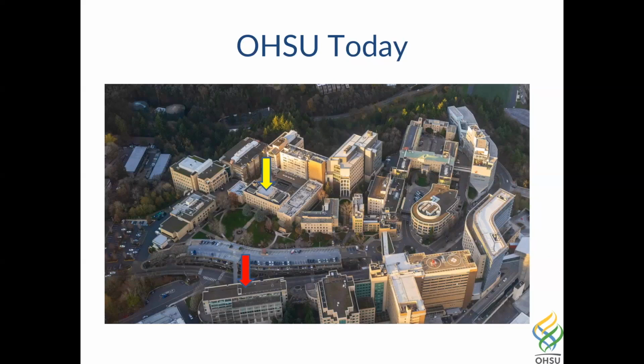There's also a West Campus on the west side of town, which hosts some of our advanced computing resources and also a primate center. But the main campus and the oldest campus is on a hill called Markham Hill. The yellow arrow points towards Mackenzie Hall, which is one of the oldest buildings on the OHSU campus, also known as Mac Hall, and the red arrow points towards BICC, which is the building in which DMICE has a home.